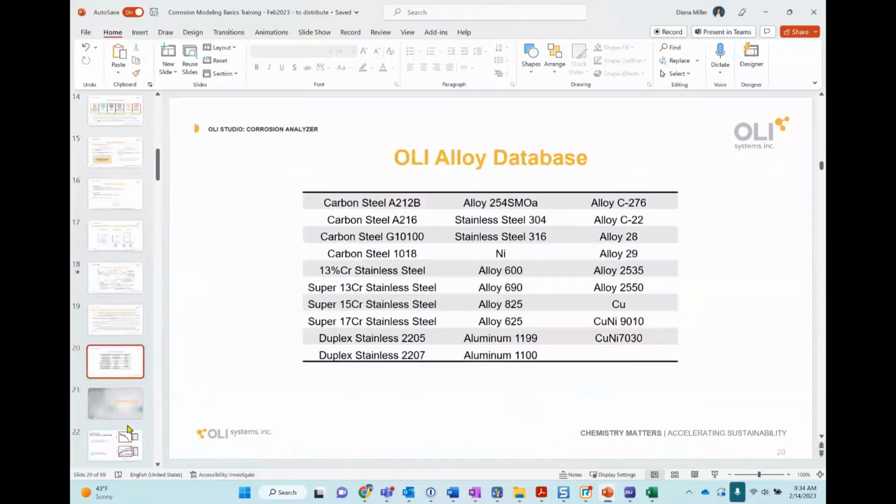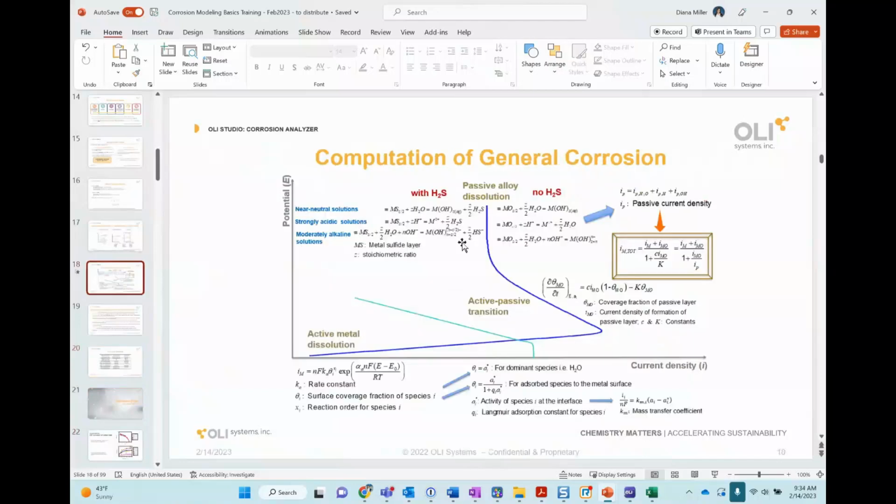Then we put them all together and create a polarization curve. And whenever the anodic curve, this blue curve, touches the cathodic curve, the turquoise here, this would be the corrosion potential.